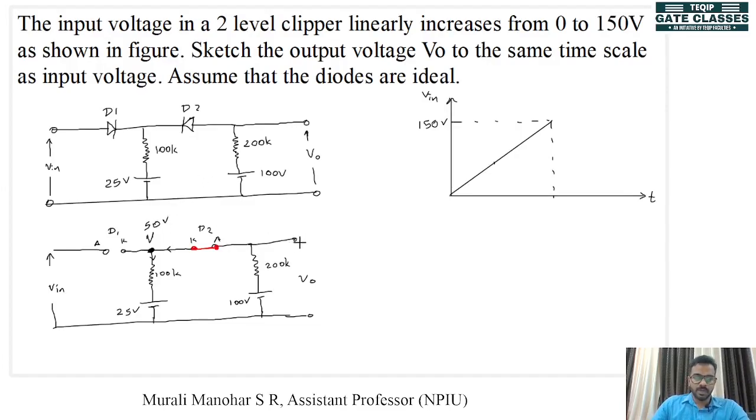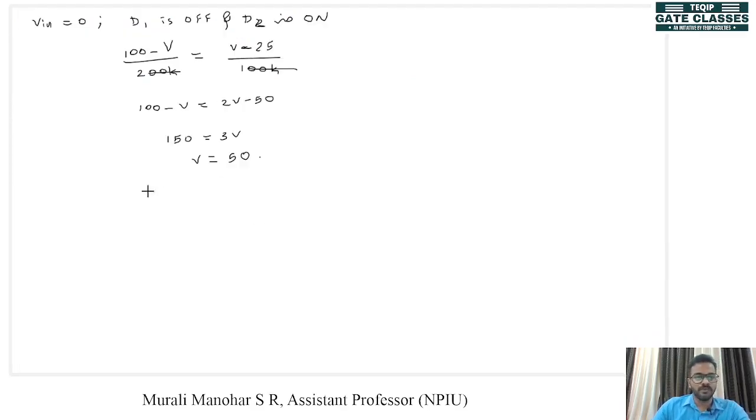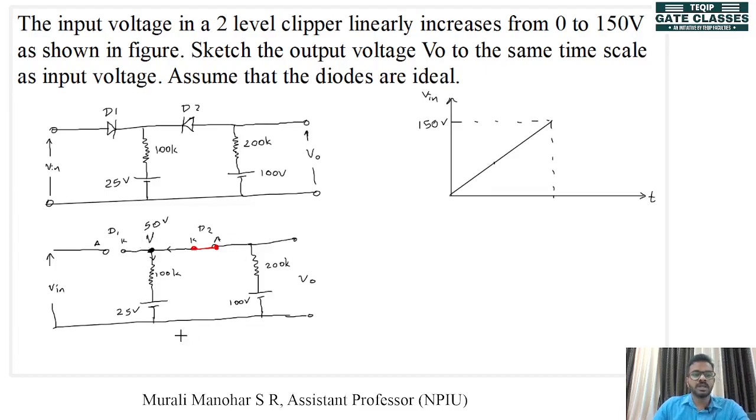Now what will be the output? Output is directly connected to this point. So V out will be equal to 50 volt when V in is 0. Now this condition is not going to be changed until this diode is turned on, right? So what will be the condition for diode D1 to be turned on?